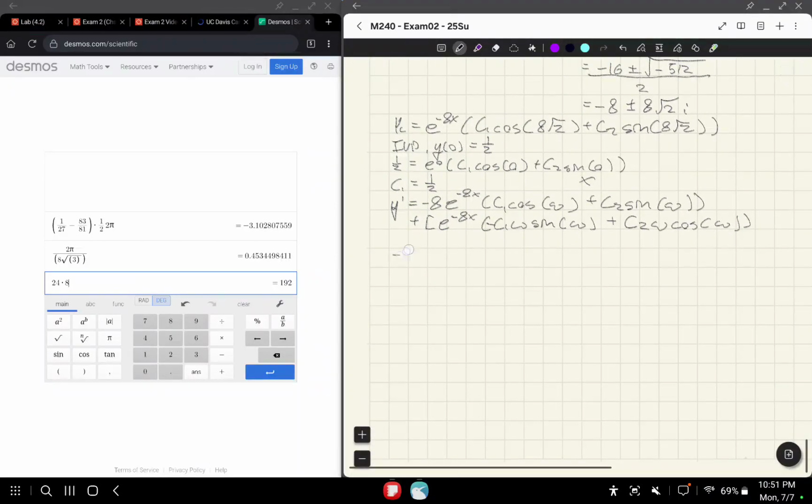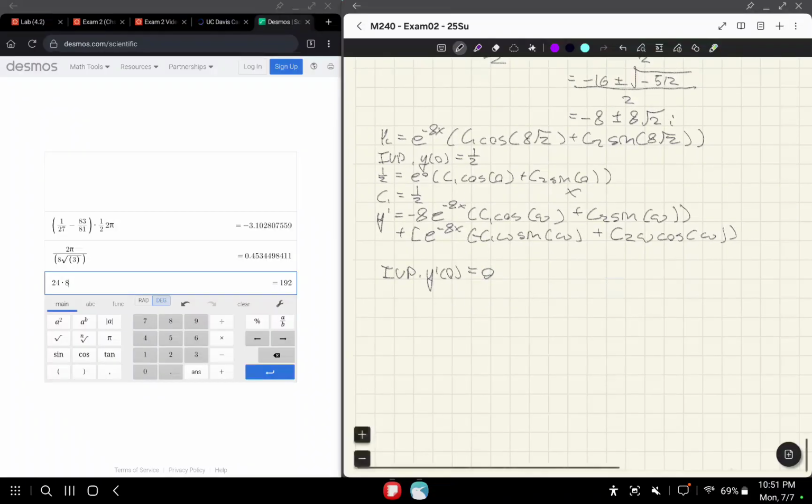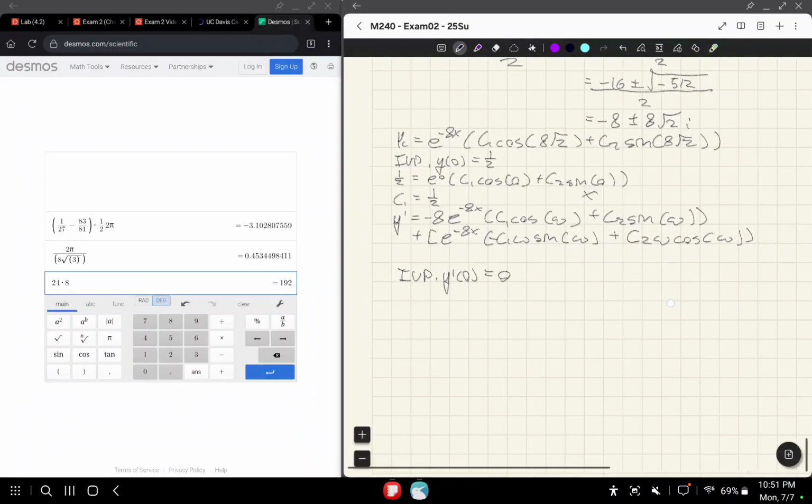If we start plugging in numbers, y prime of 0 equals 0. We can see right here, this will go to 1.